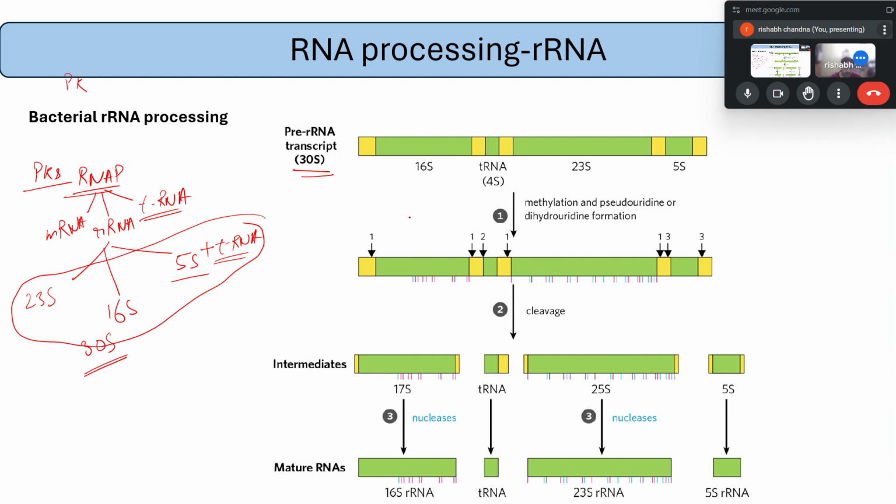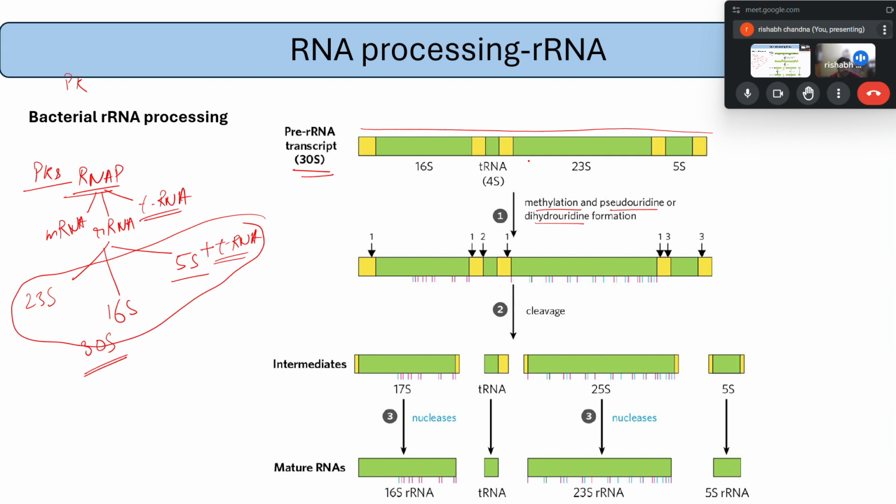Okay, now here, this is the pre-rRNA transcript. Now what happens further? These bases are modified by adding methylation and pseudouridine or dihydrouridine to the bases.